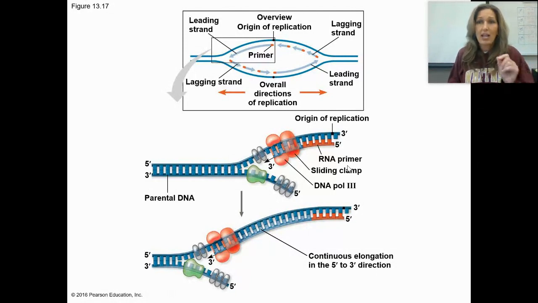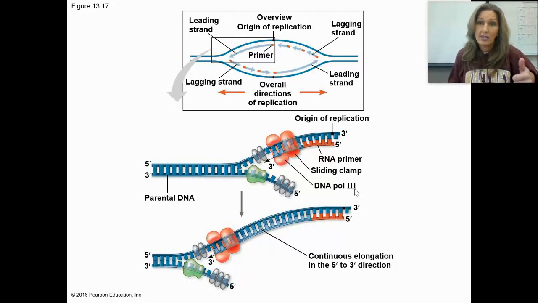Without that RNA primer there, DNA polymerase 3 doesn't know where to begin. It needs that signal to say, oh, this is where I need to start building new DNA. So I have to have an RNA primer. Remember, the RNA primer is a short strand of RNA nucleotides that signals DNA polymerase 3, this is where to start building the new strand.